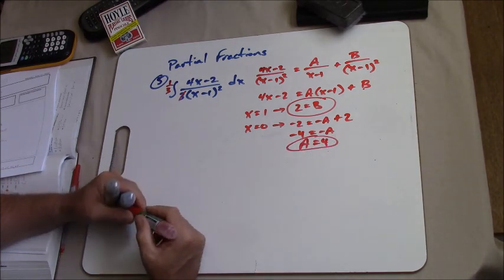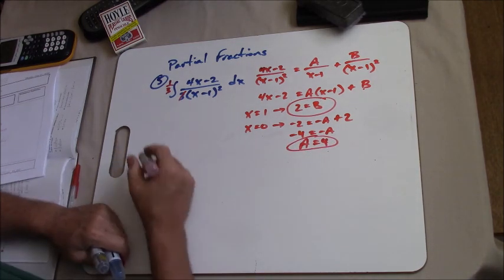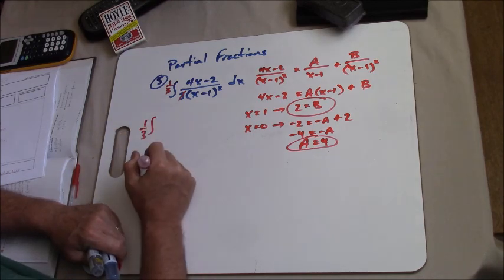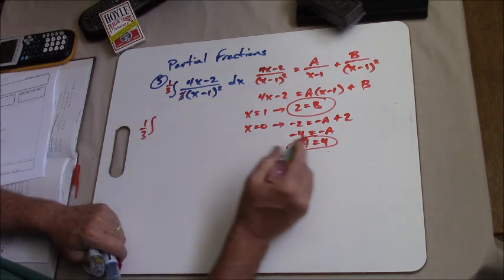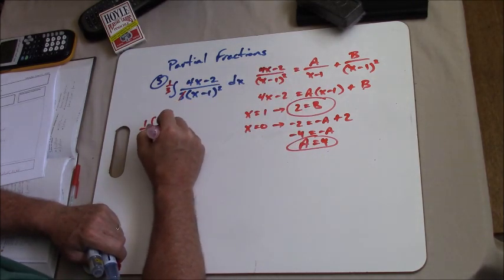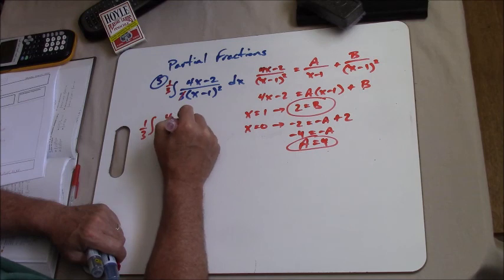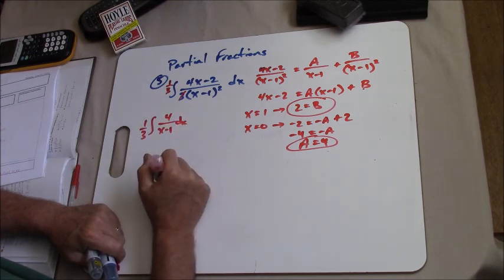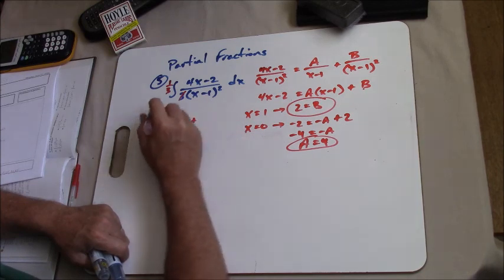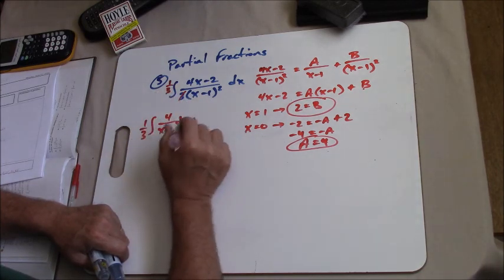Now I know my two fractions. So I've got 1/3 times the integral of, a is 4, so I'll put that here, 4 over x minus 1 dx. And then my b value is 2, so plus, I got that 1/3 has to get distributed to each of these fractions.